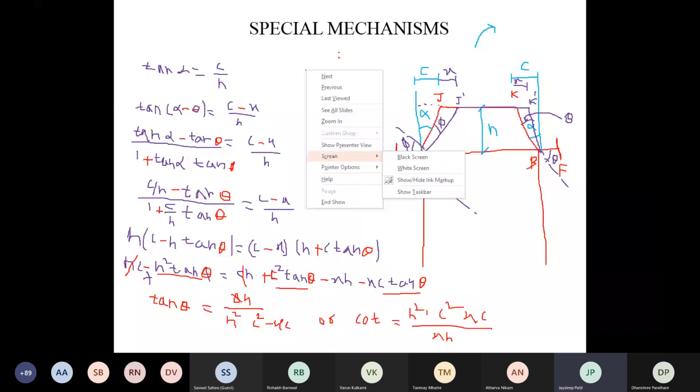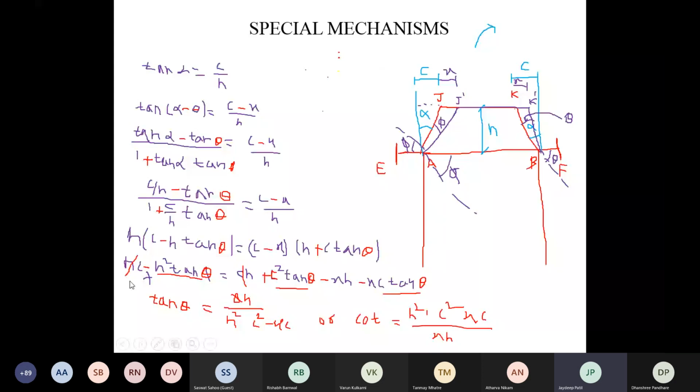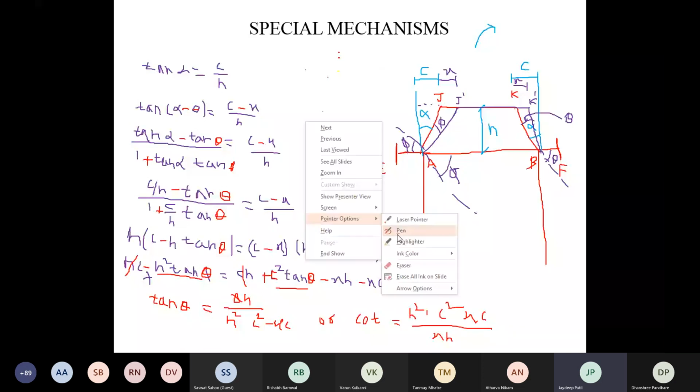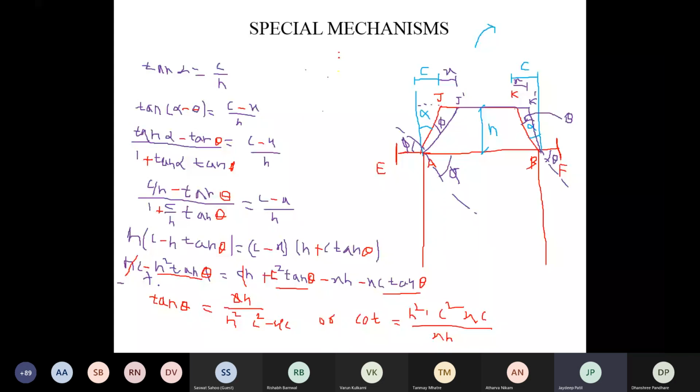Okay. Suppose यहाँ पे मैंने minus किया. Okay. Now this becomes plus. यहाँ पे minus हो जाएगा. This is minus. This is plus. Okay. Now you will get xh plus.